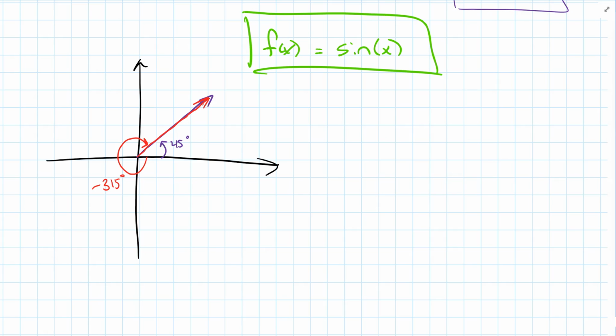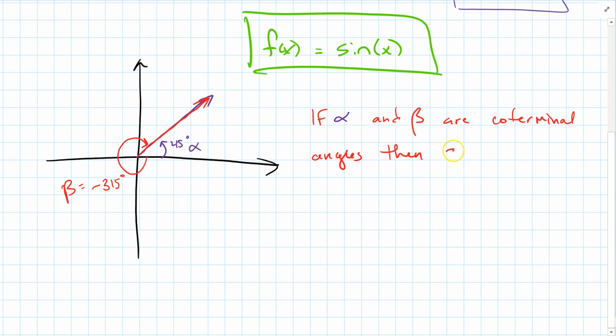And what does that mean? Well, let's call this angle alpha and this angle beta. If alpha and beta are coterminal angles, then, for example, sine of alpha equals sine of beta.